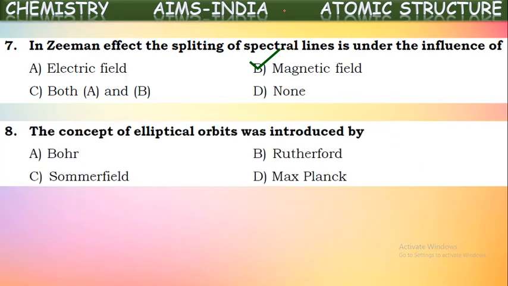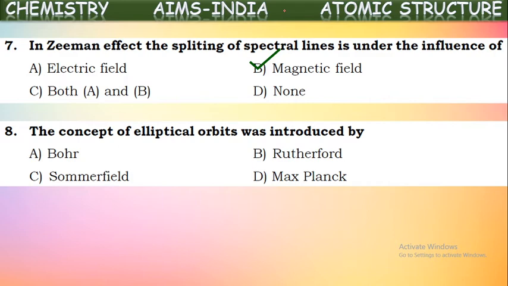Next. The concept of elliptical orbits was introduced by Sommerfeld. Based upon the Zeeman effect and Stark effect, they came to one conclusion that each energy shell is divided into different sub energy levels or sub energy states.